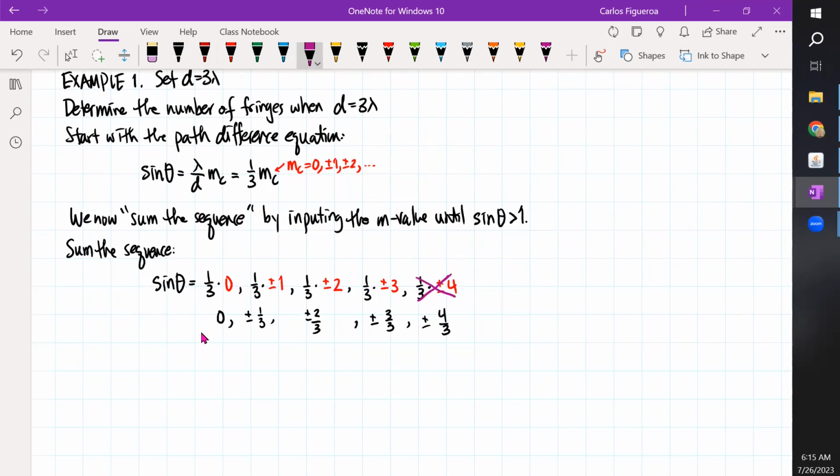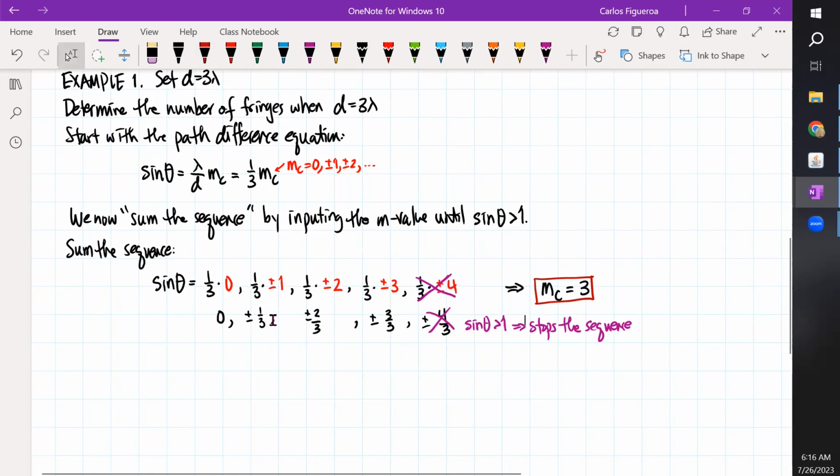So what we're saying here is that this is not possible, because the sine of theta is now greater than 1, which stops the sequence. So this implies that MC has a value of 3.